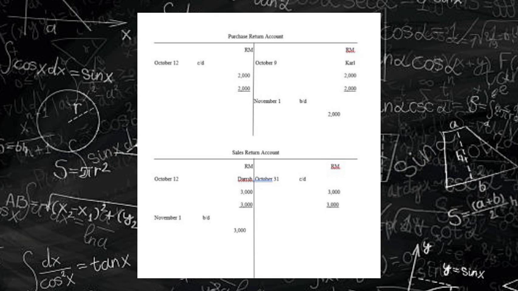Purchases account debited by 45,000, sales account credit 40,000. The Cult account is now in credit 6,000 ringgit, debiting 10,000 to Darsh's account.